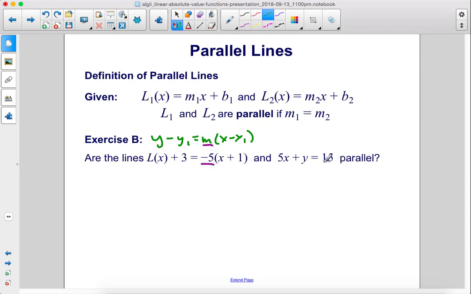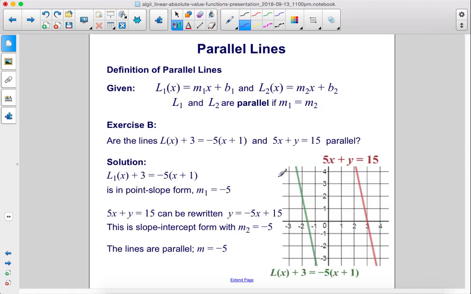The second line we can rewrite into slope-intercept form: y = -5x + 15, and in slope-intercept form, that's y = mx + b. Therefore, m is -5. m is -5 in both lines, therefore they are parallel. And here is a graph that shows the parallel lines.